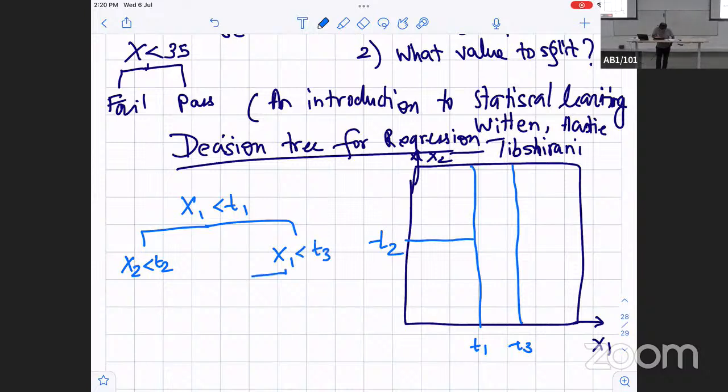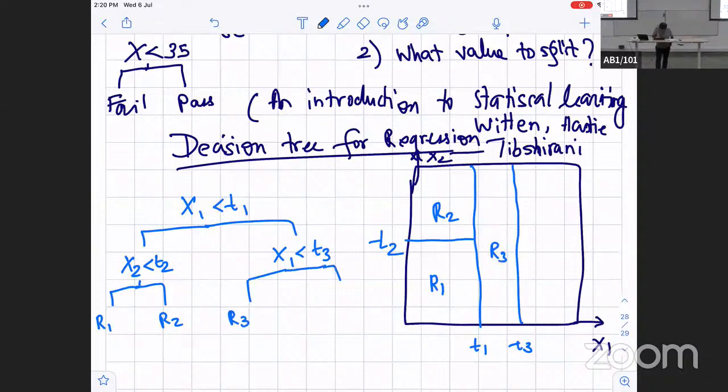This is from the book. So this is R1, R2, and this region I'm going to call R3.